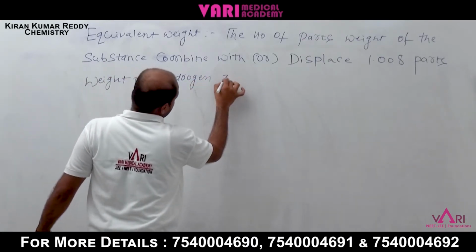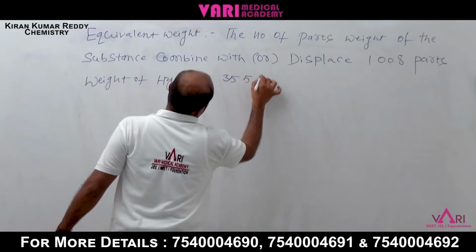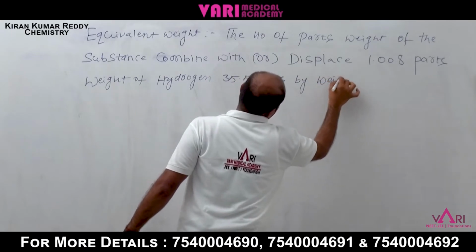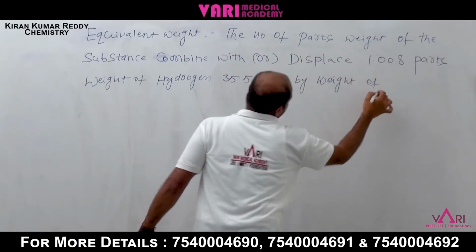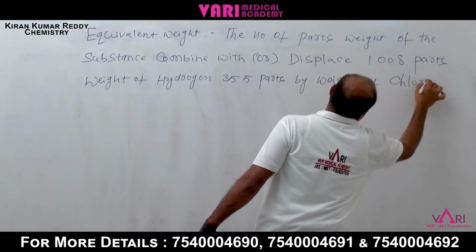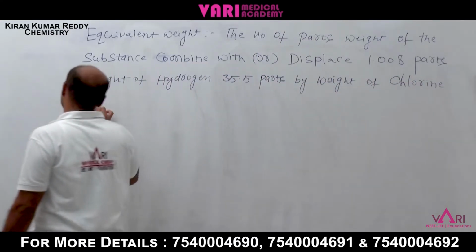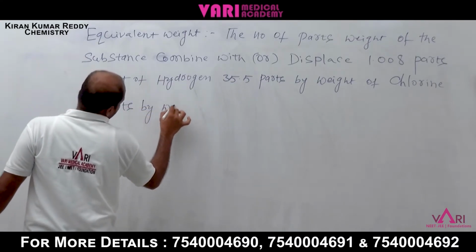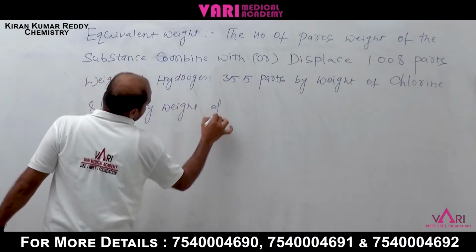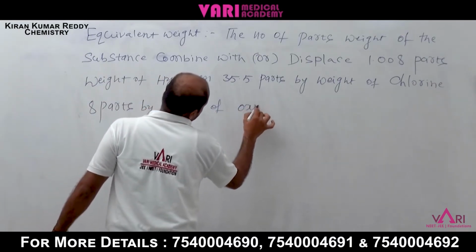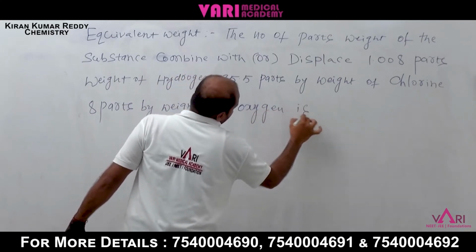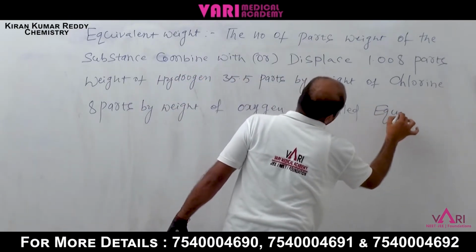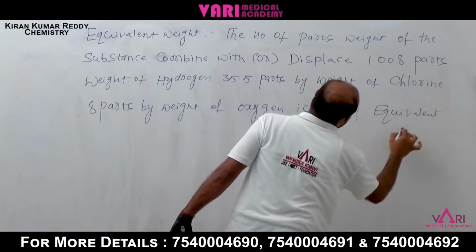Next one, 35.5 parts by weight of chlorine, 8 parts by weight of oxygen is called equivalent mass or equivalent weight.